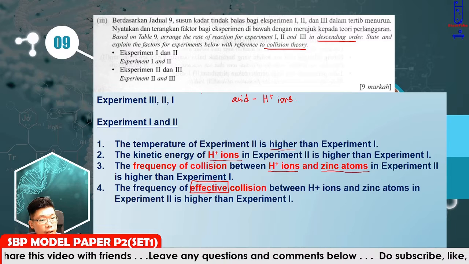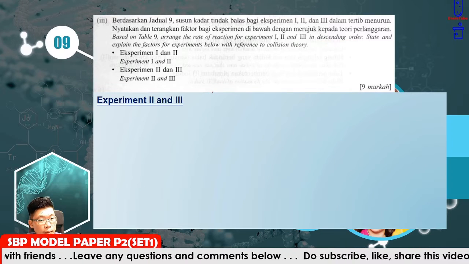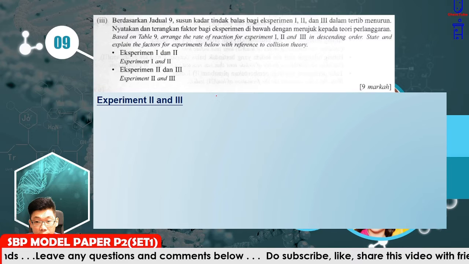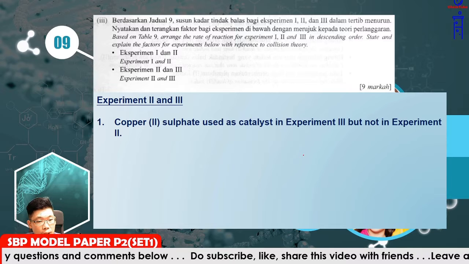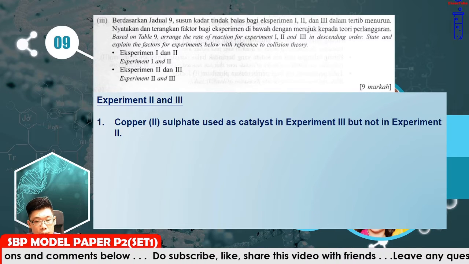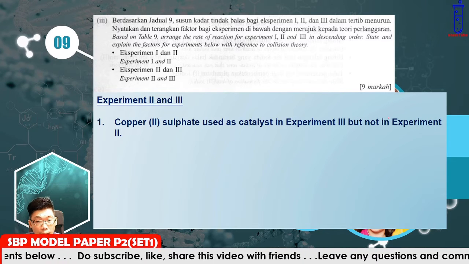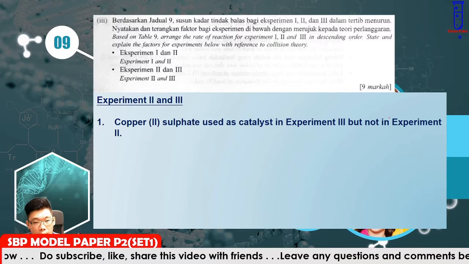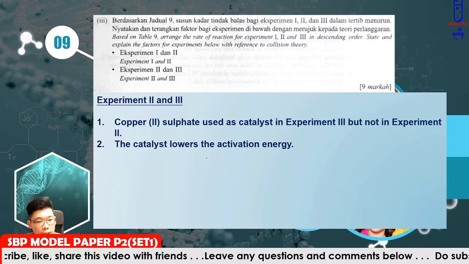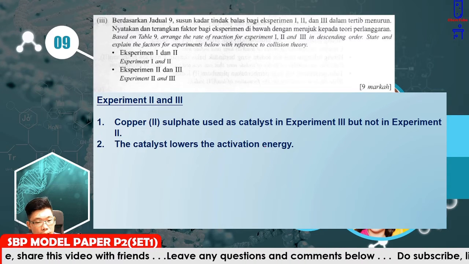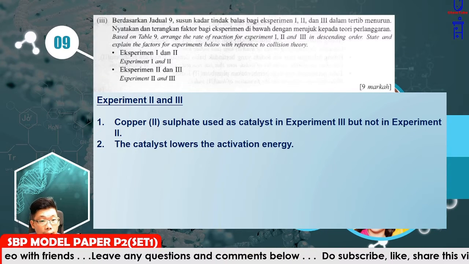Okay, next we are going to explain experiment 2 and experiment 3. So in experiment 2 and 3, it's the factor of catalyst, right? So experiment 3 has a catalyst. So copper(II) sulfate is used as a catalyst in experiment 3, but not in experiment 2. So you have to explain which experiment has a catalyst, which one doesn't have. Okay. Then the catalyst lowers the activation energy for the reaction between the zinc and the hydrochloric acid.